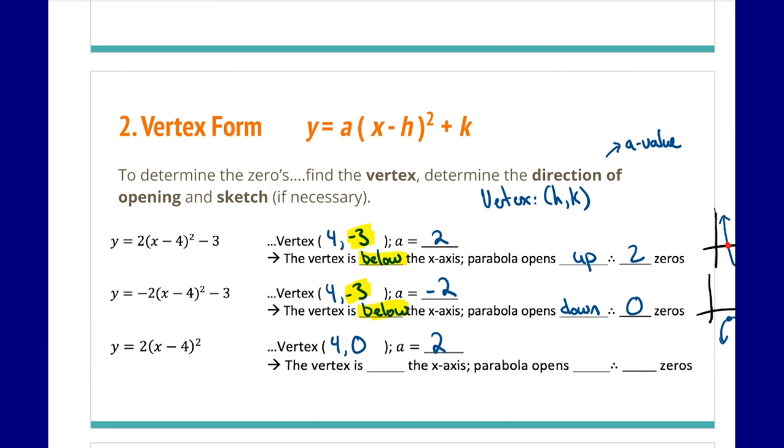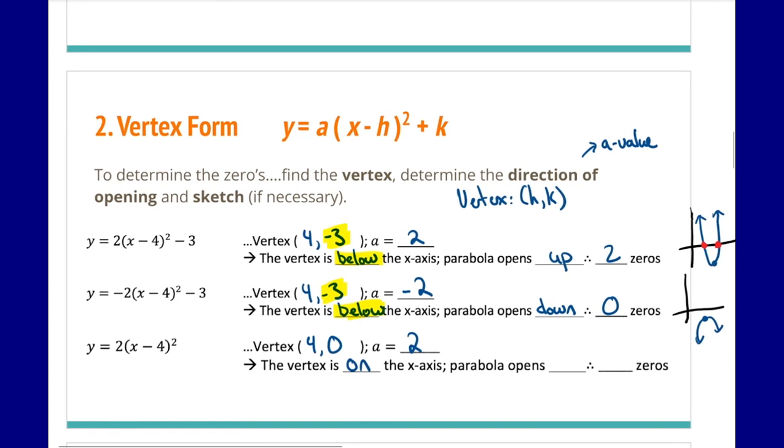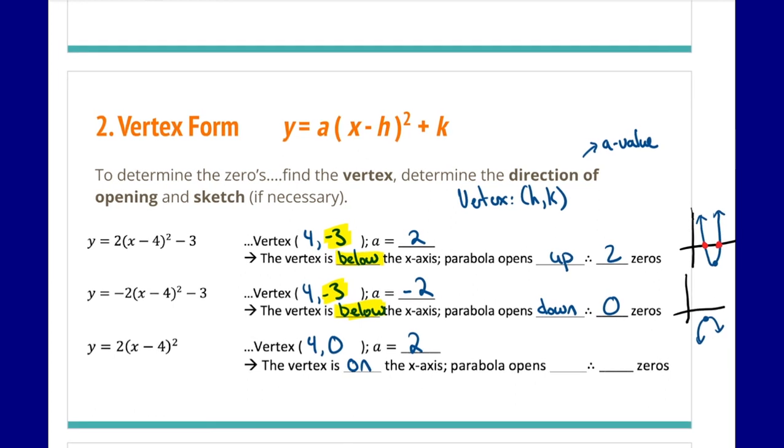Now, because the k value is 0, that means that the y value has not changed. It hasn't gone up or down. So this means that the vertex is on the x-axis, and the parabola opens up. Realistically, it doesn't really matter whether it opens up or down in this scenario.